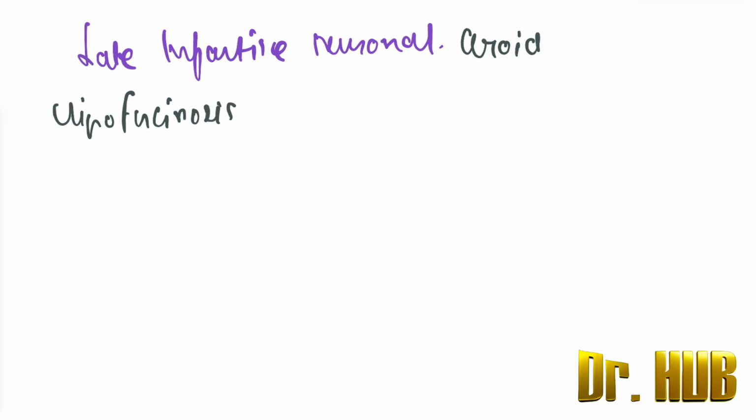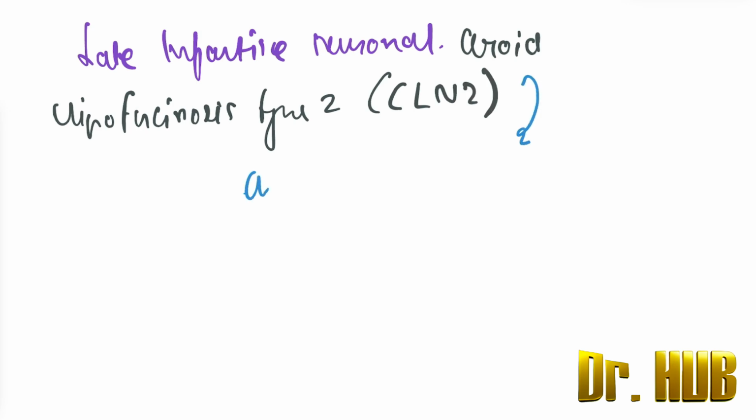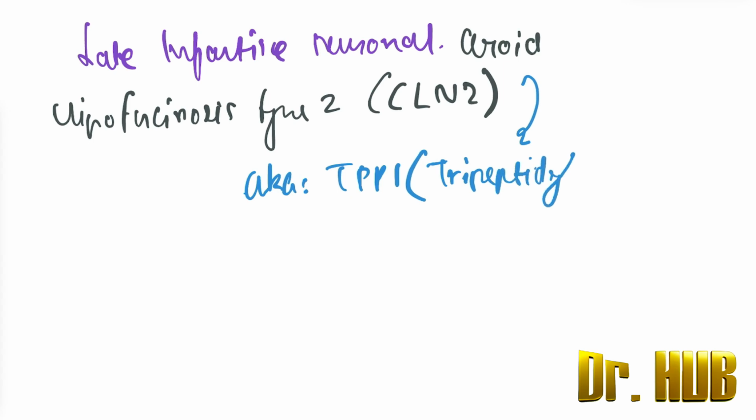In short, it is known as CLN2. It is also known as tripeptidyl peptidase 1 deficiency.